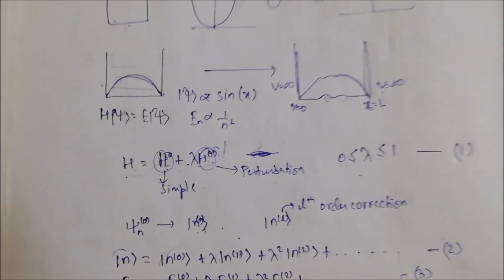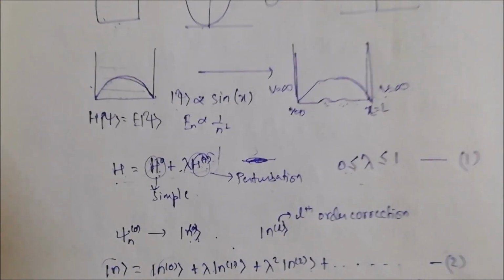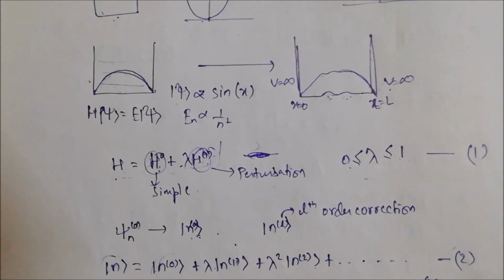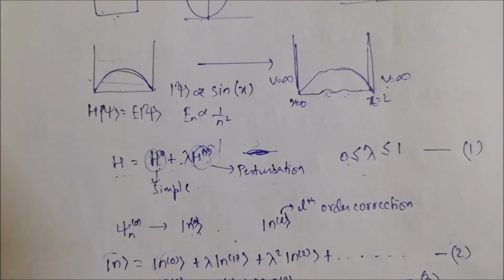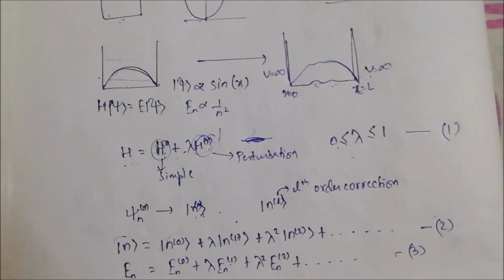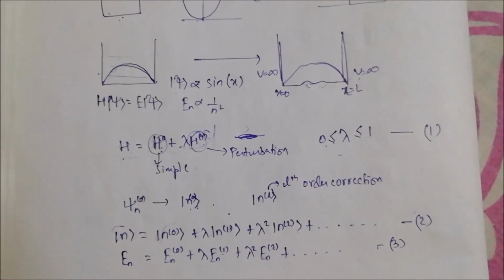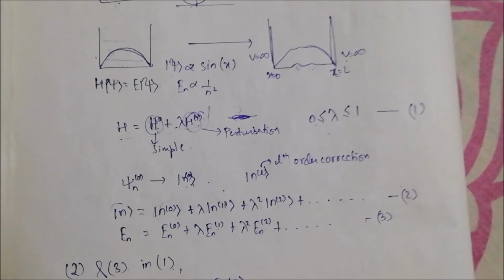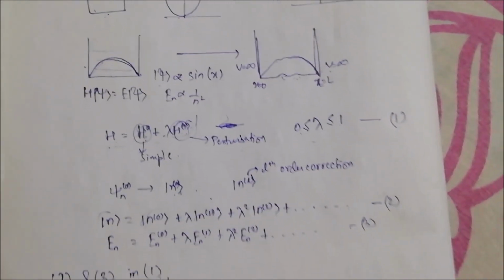So lambda is a fraction, and whatever its magnitude will be, it will be smaller compared to the magnitude of this simple Hamiltonian.